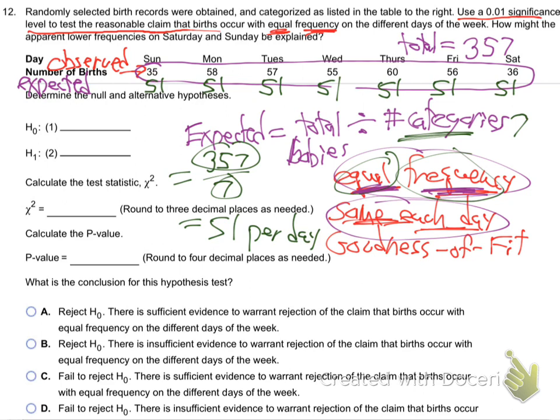So really what they want us to figure out is how good of a fit, right? Goodness of fit. How good of a fit is there between the observed numbers 35, 58, 57, etc. and the expected numbers, what we would expect if there was equal frequency, same number of babies born each day, 51, 51, 51.